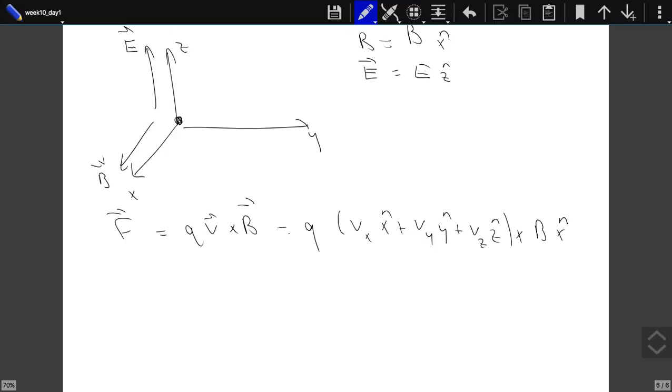At an arbitrary time, it will have some velocity, and its velocity can have, in principle, x, y, and z components. And then at that time, this will be the force it will feel. Let's multiply it out.